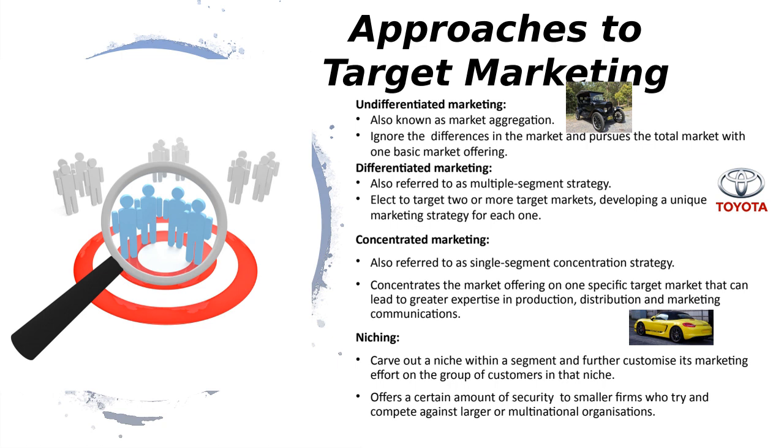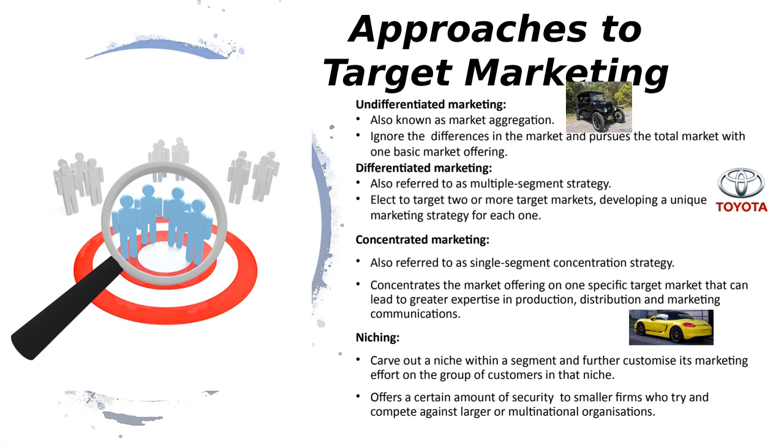We even go further than that in target marketing, and it's what is called mass customization. And this is when products and services are made specifically for a particular customer. So mass customization actually does happen in the car market now. We go back to Tesla. When you order a Tesla, you can have it completely customized to your specifications.